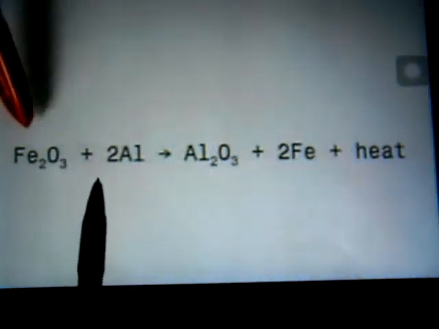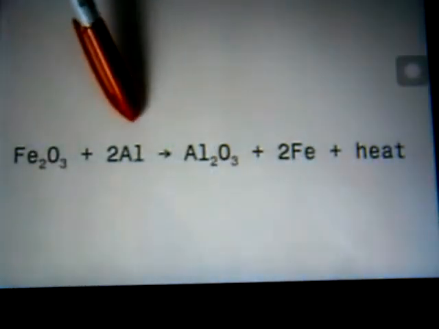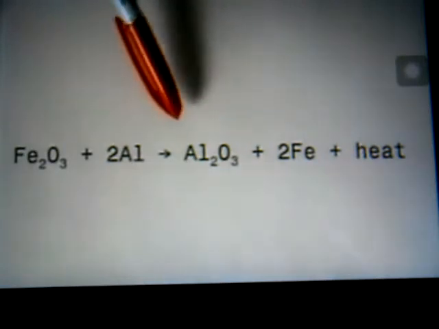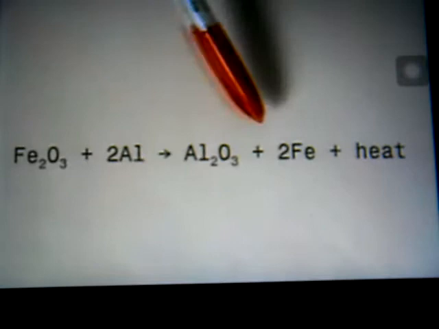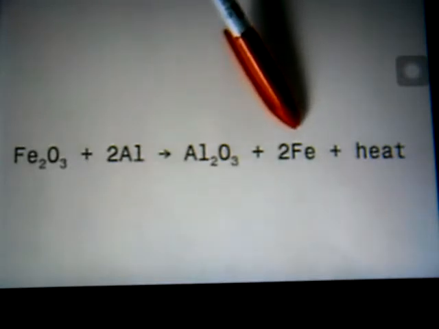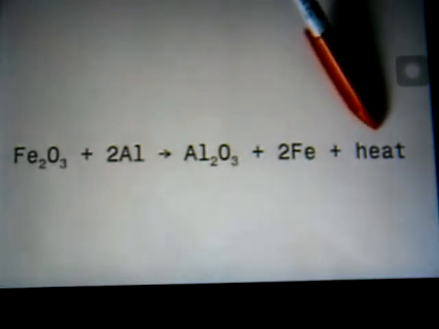Here we see that the iron oxide is reacting with the aluminum in a single displacement reaction. The aluminum oxide is produced, and there's the iron metal that you saw in the molten state. And of course, a large amount of energy in the form of heat and light was released.